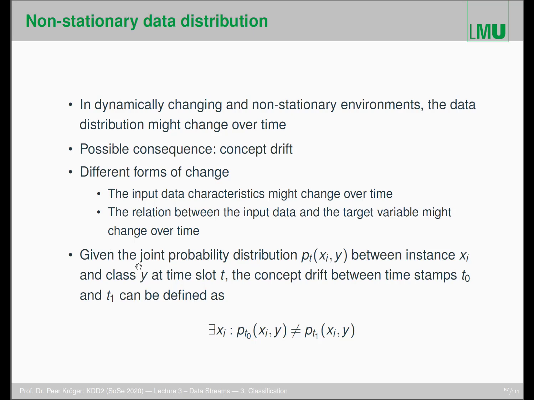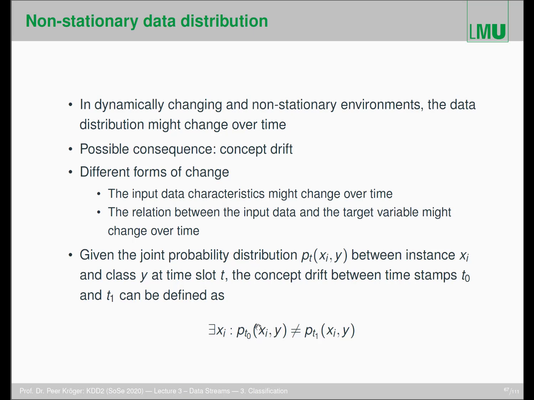So for the latter, if we look at the joint probability distribution, intuitively formalizing the relationship between an instance x, y and a class at a given time slot, the concept drift between two timestamps can be formalized as follows here.